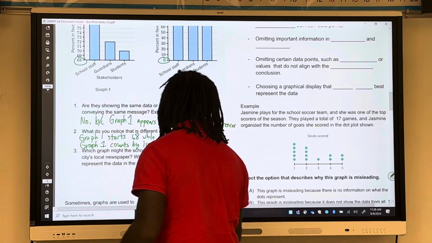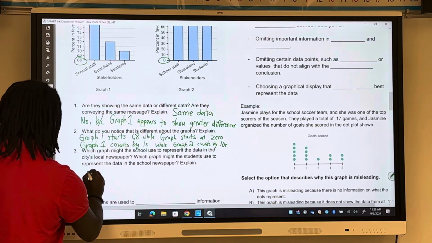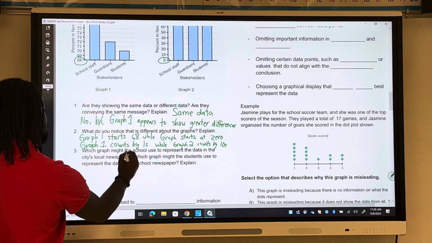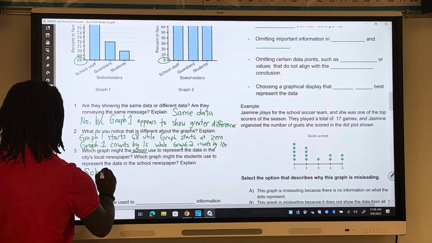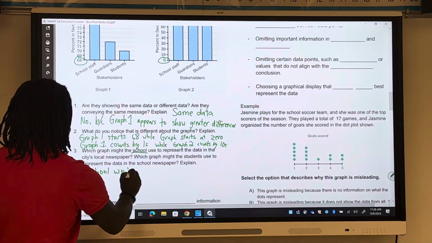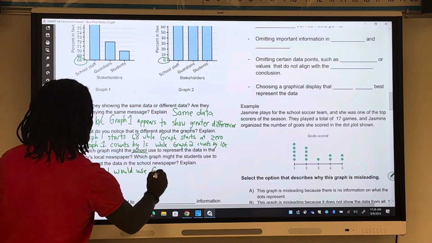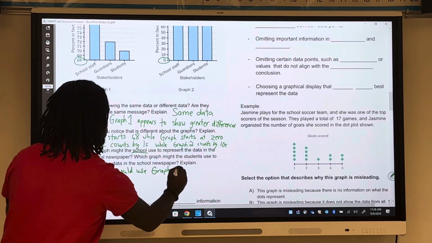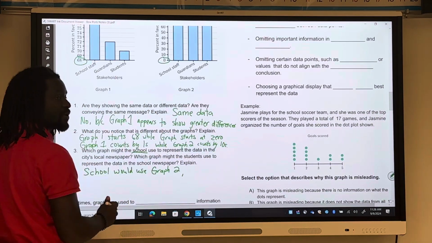And so that's what I'm going to write. So I'm going to say, for the school, would use graph 2 because they want to show that everybody thinks the same.